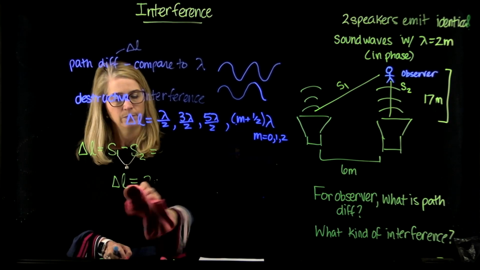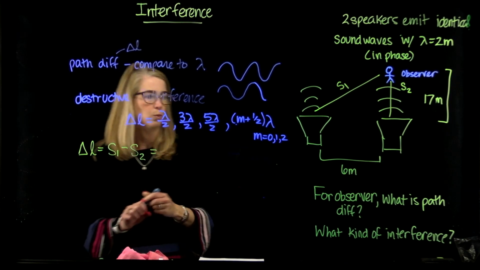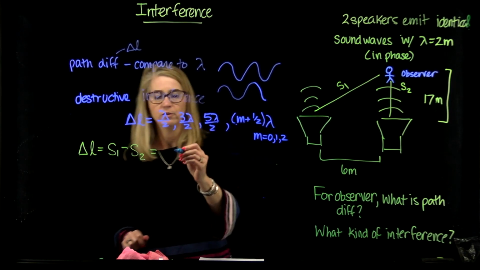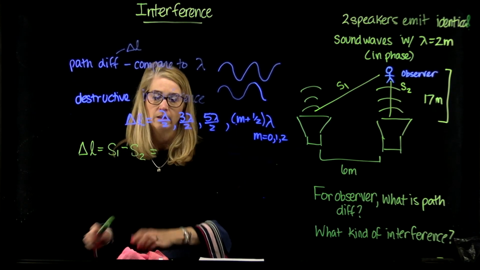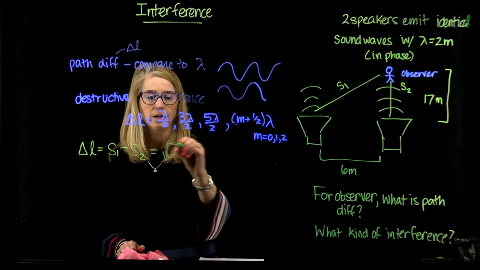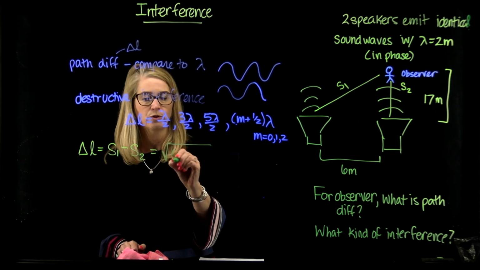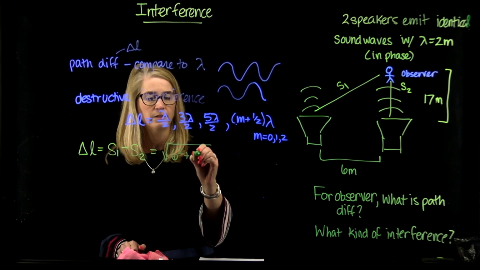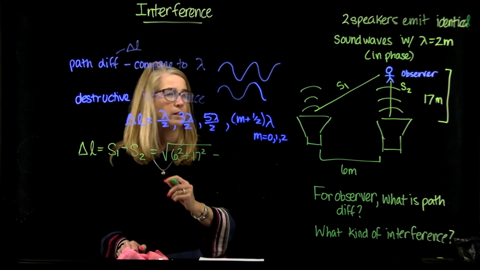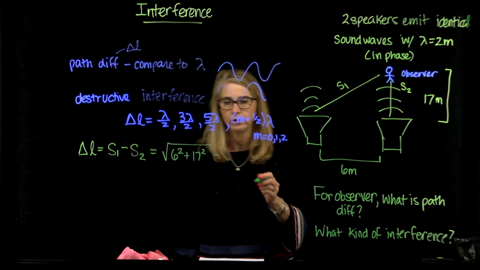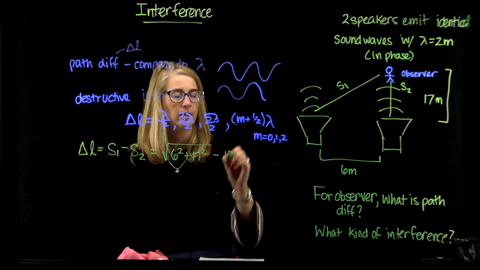And so this time, S1, we really do need to do the calculation because it's not a straightforward triangle. So we have 6 squared plus 17 squared. The square root of that is equal to the hypotenuse, and we're going to subtract from that S1.